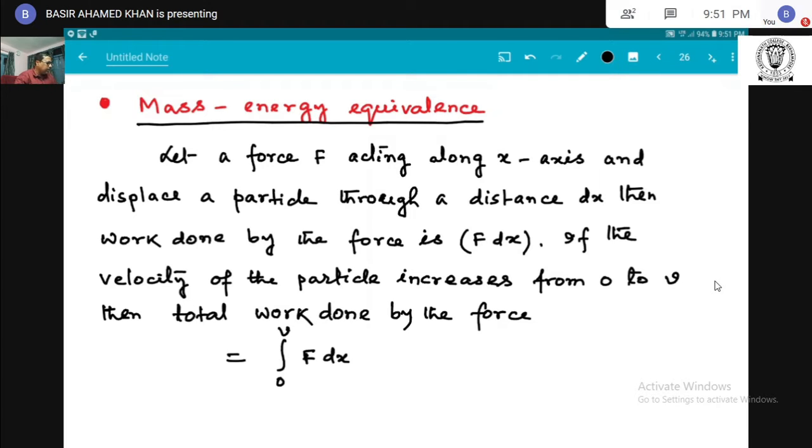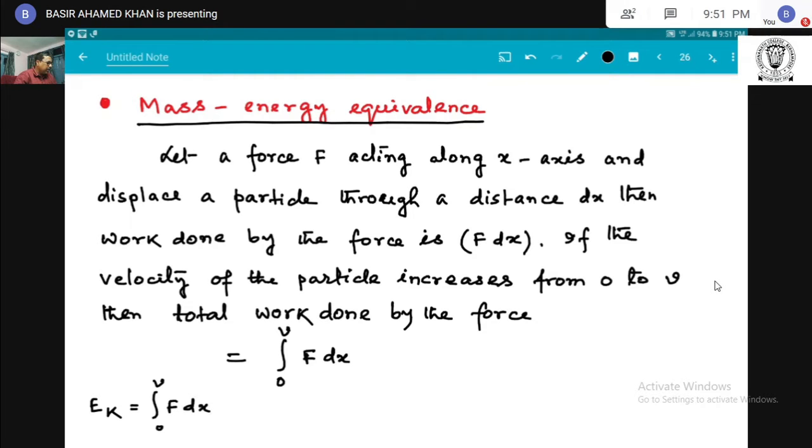This work done is converted into the kinetic energy of the particle Ek. Therefore, kinetic energy Ek equals the integral of F dx.